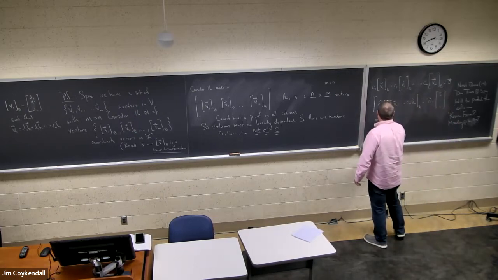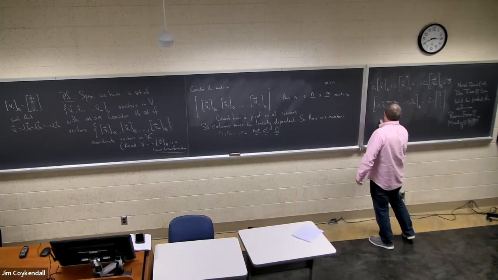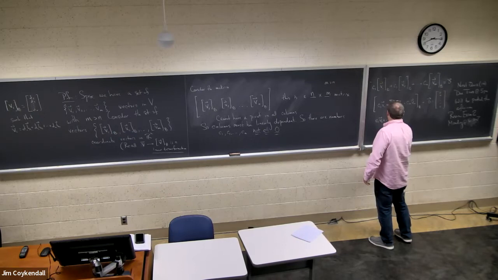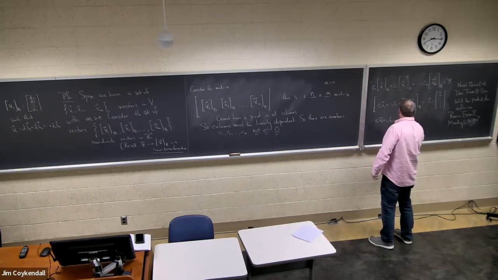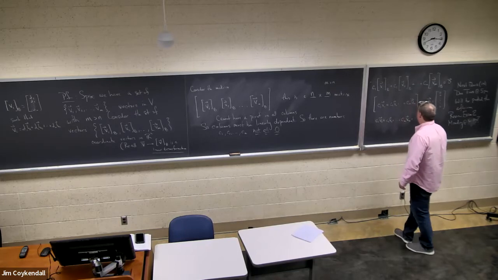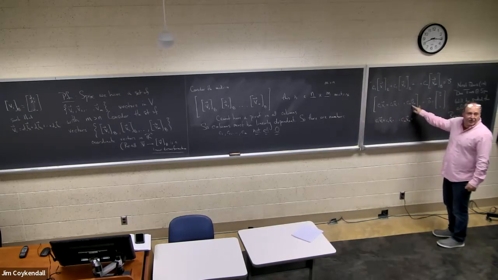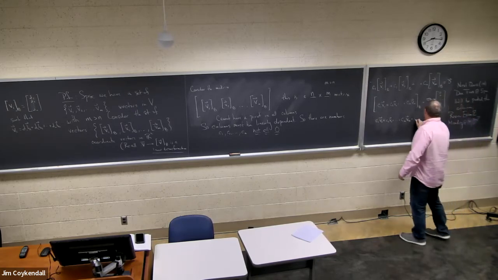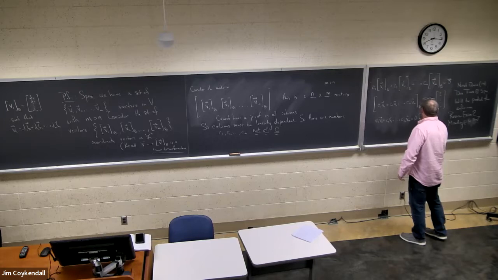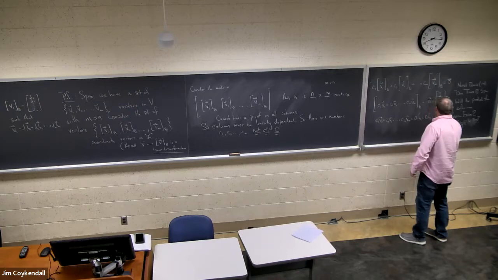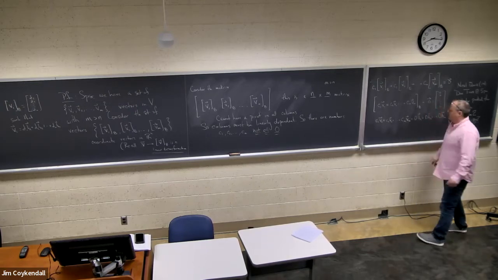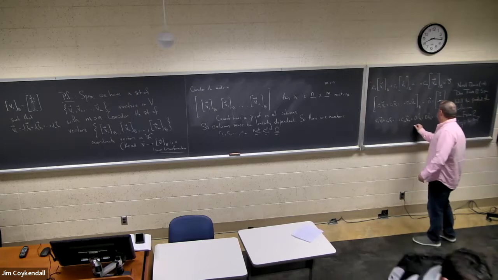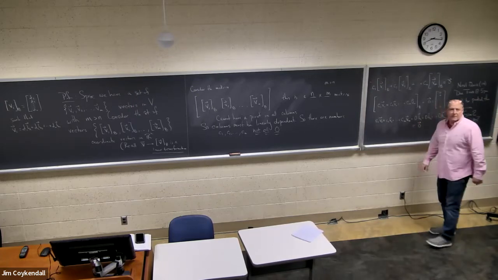This means the vector inside the brackets can be expressed in B coordinates this way, and this is the zero vector.